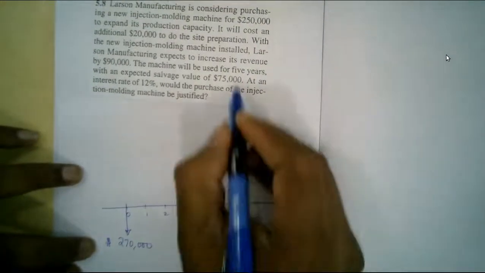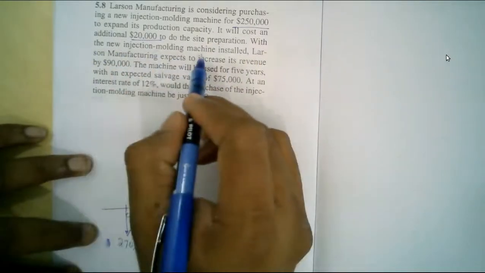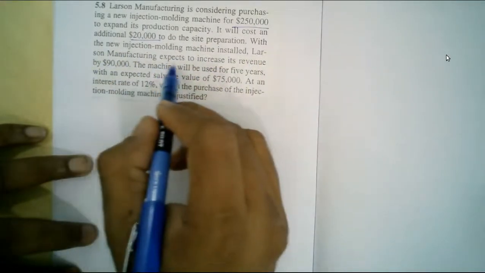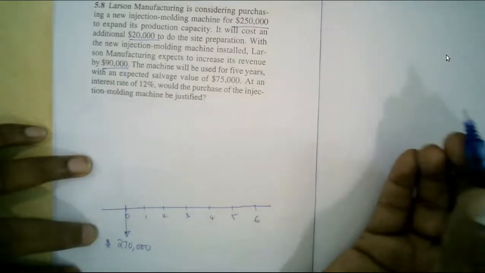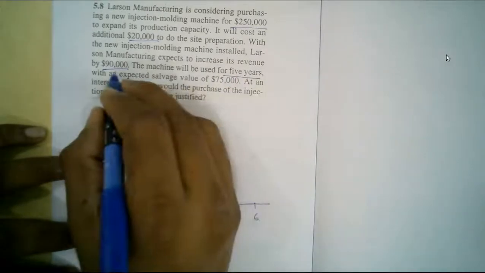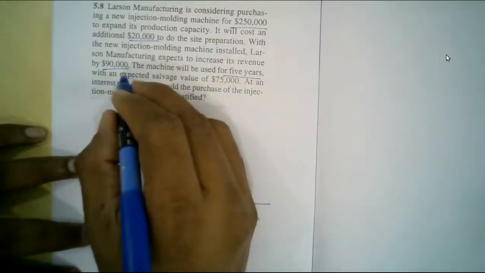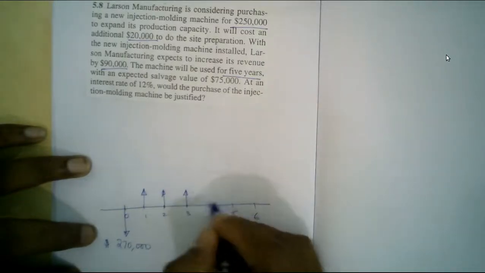Okay, so this data I have used already. With the new injection molding machine installed, Larsen Manufacturing expects to increase the revenue by 90,000. Okay, so the revenue will increase by 90,000. That will be every year, because revenue numbers are calculated per year. Okay. So I'm getting revenues like this.